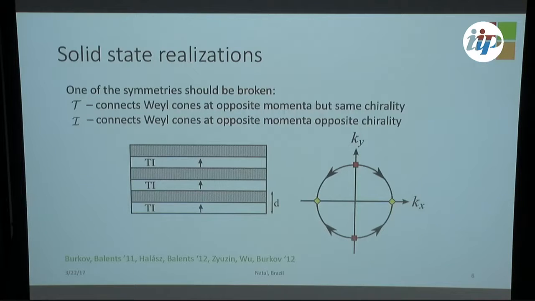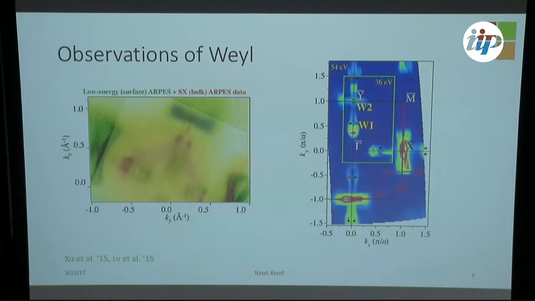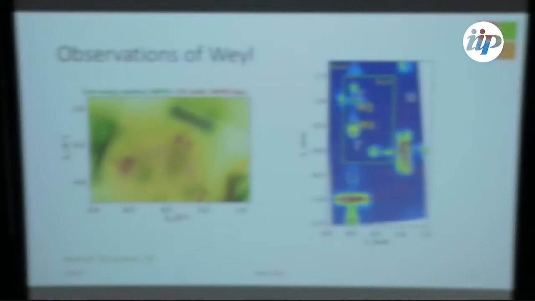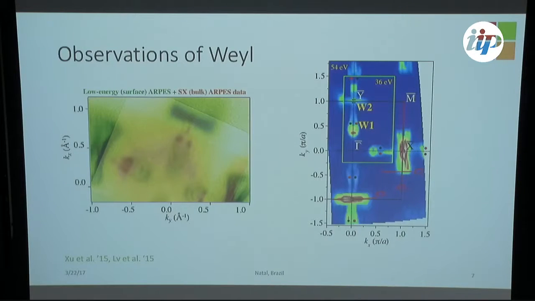So there are proposals for how to do it by breaking either time reversal or inversion symmetry, and it was indeed realized in the inversion-breaking system tantalum arsenide. There is ARPES and quasiparticle interference data on this from the Princeton and Weizmann groups.